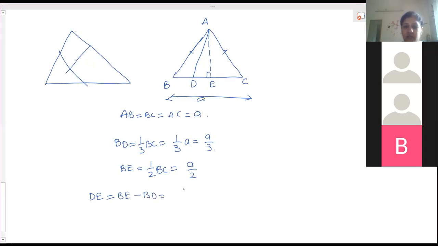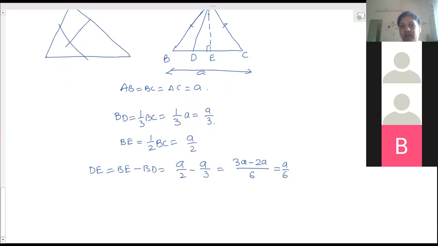BE is A by 2, BD is A by 3. Taking LCM, we get 3A minus 2A by 6, which is A by 6. Now we have to calculate the AE value. AE square is equal to AB square minus BE square. Pythagoras theorem can be applied this way.